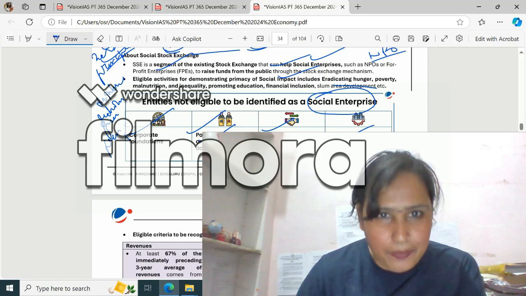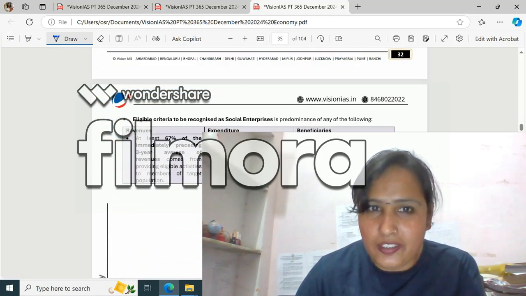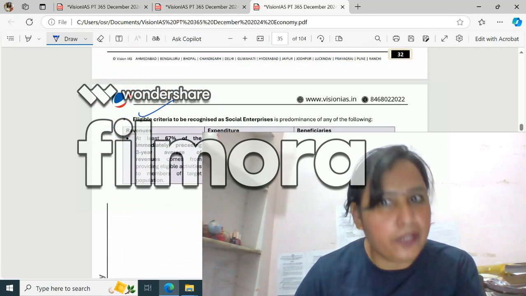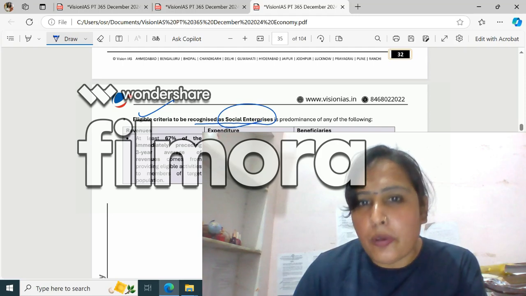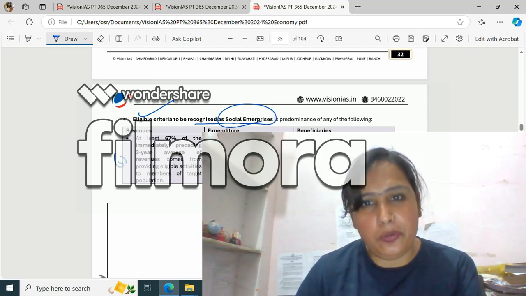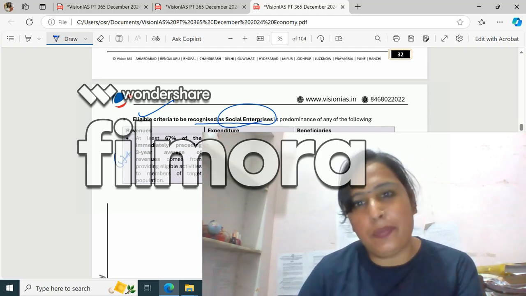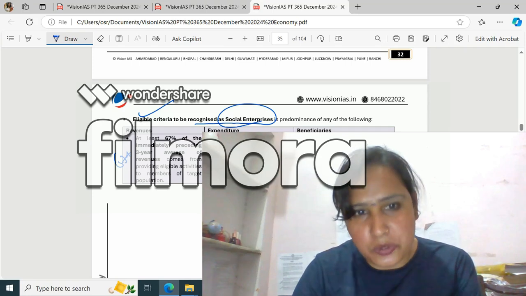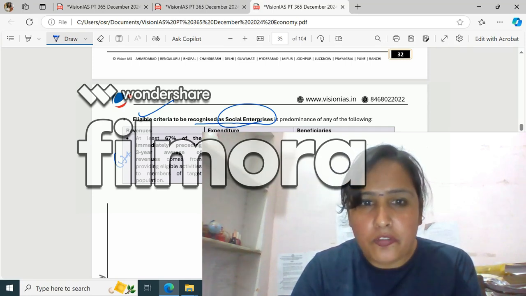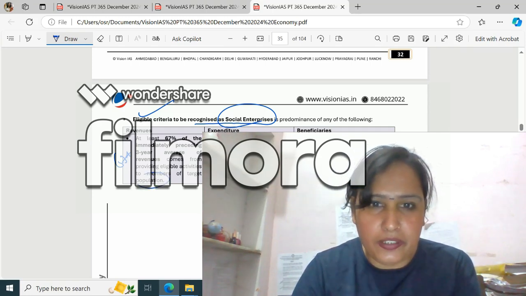So what kind of enterprises are included as eligible for recognition as social enterprises? First, at least 67% of the immediately preceding 3-year average of the revenue comes from providing eligible activity to members of the target population.